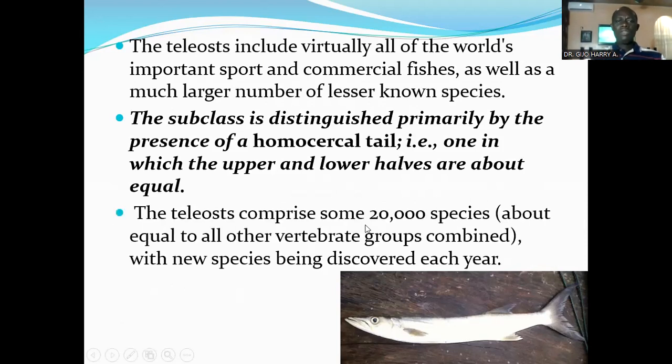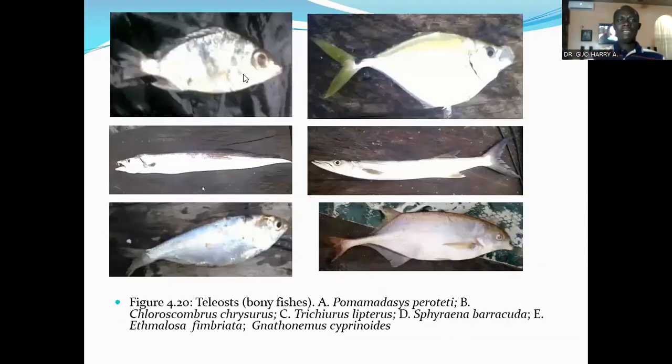The teleosts comprise some 20,000 species. That's about equal to all other vertebrate groups combined, with new species being discovered each year. Now, these are typical examples of the teleosts, mostly the ones that are found in Nigeria. These were collected from the Nun River estuary in Bayelsa State, Nigeria.